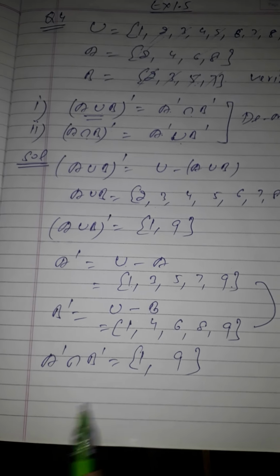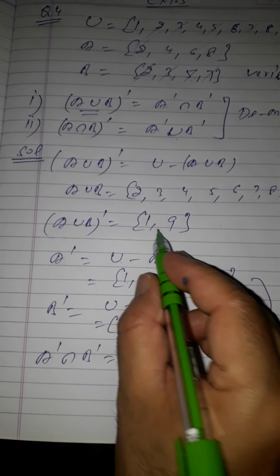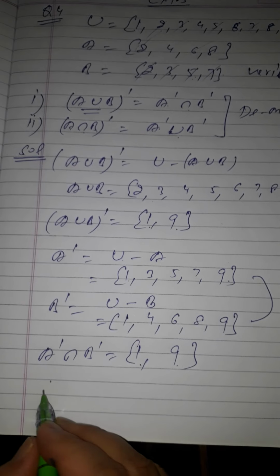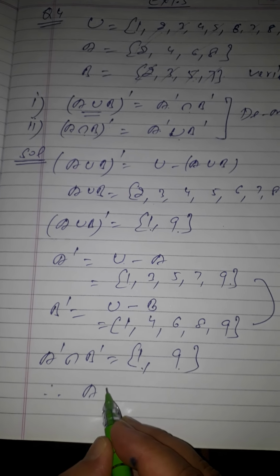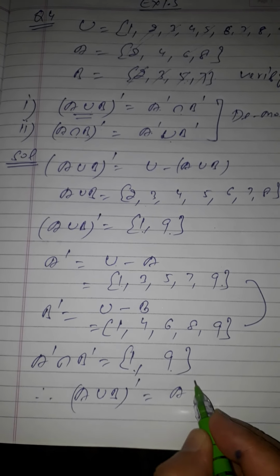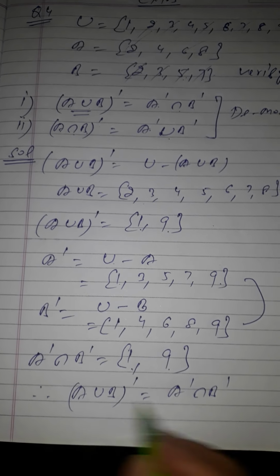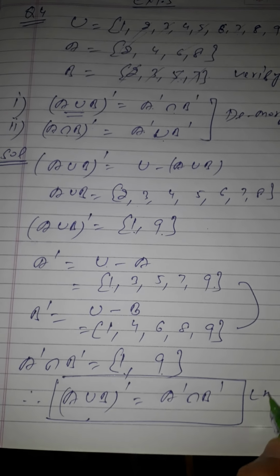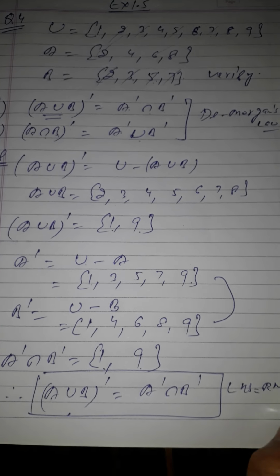So from here, this is also equal to {1, 9}, and here it is also {1, 9}. Therefore we can say that (A union B)' equals A' intersection B', and that will be our answer. Then we can say that left hand side is equal to right hand side.